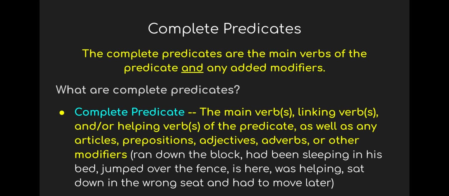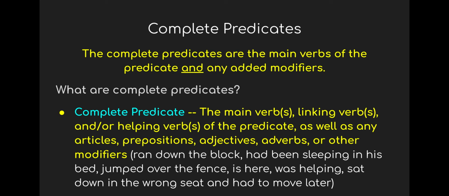Let's look at complete predicates. The complete predicates are the main verbs of the predicate and any added modifiers. The same way that your complete subject has any added modifiers, so does your complete predicate. So what are complete predicates? You take your main verb or your linking verb with your helping verbs, and then you include any articles, prepositions, adjectives, adverbs, or any other modifiers.